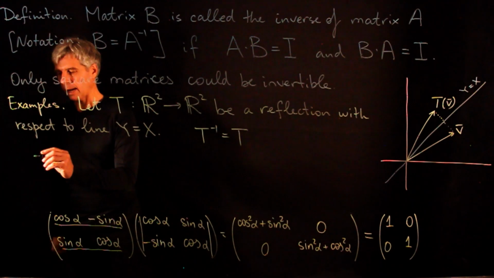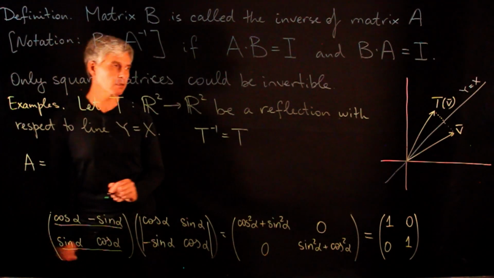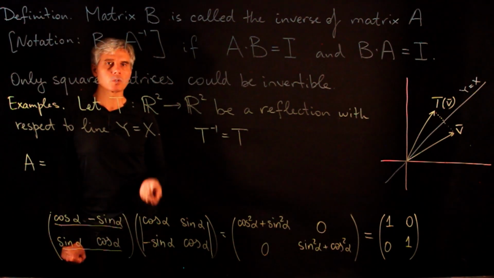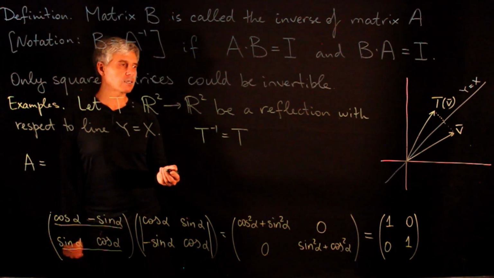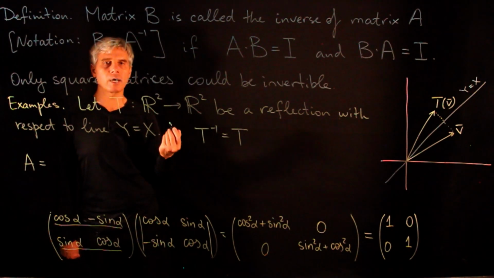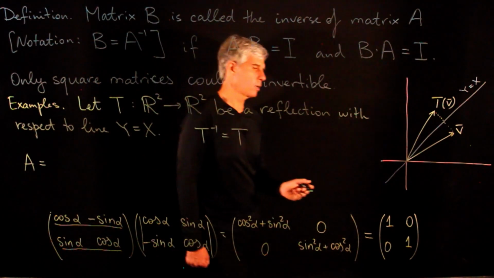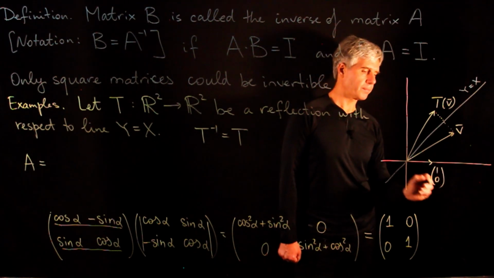How can we write down the matrix of a mirror reflection transformation? Here we use our mantra. To construct the matrix of a transformation, take the images of basis vectors and place them as columns. So the first basis vector, 1, 0.